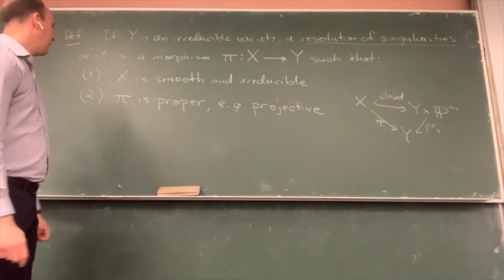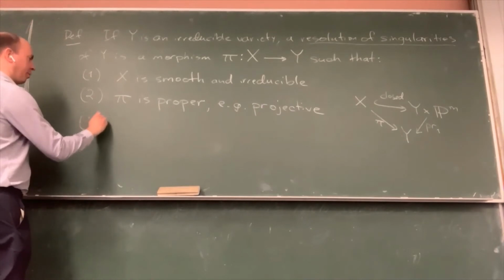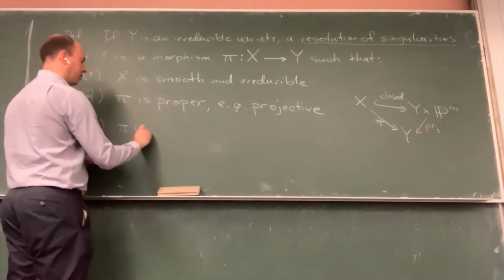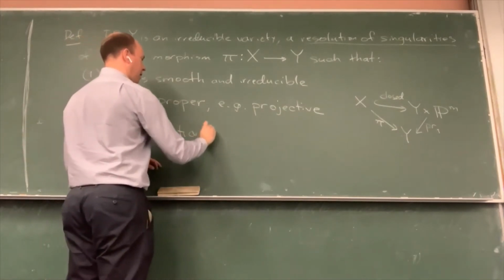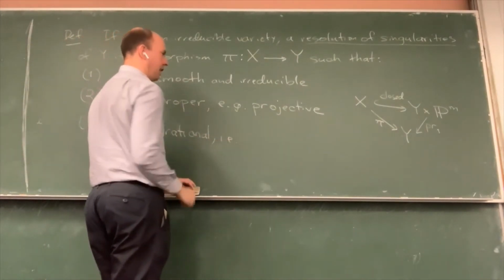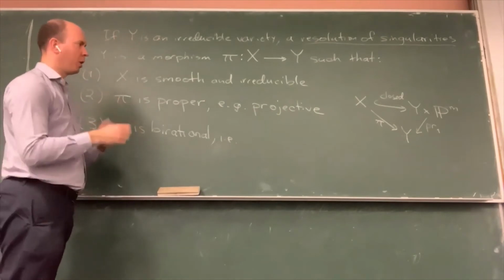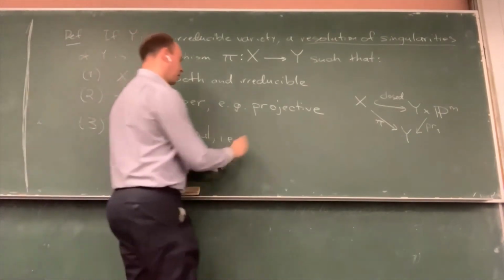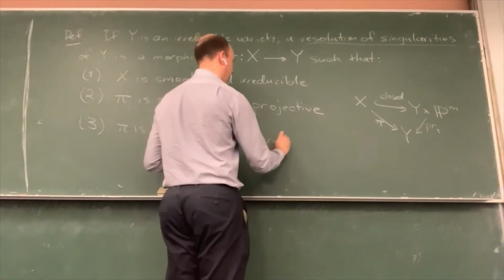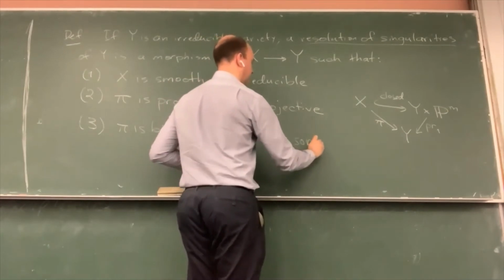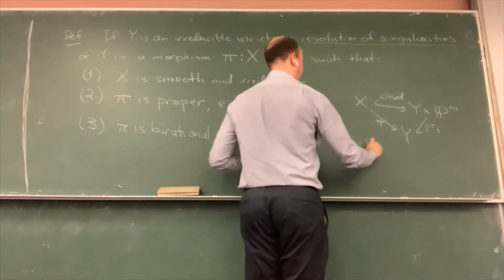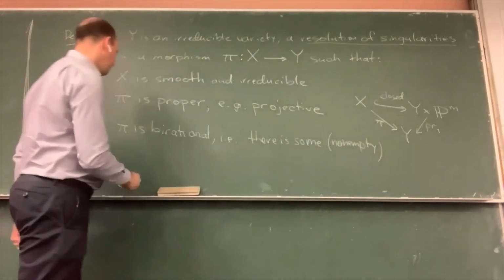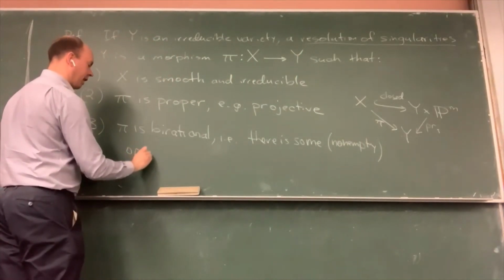And the third property that you need is that pi is birational, which means that it's an isomorphism on some open subsets of varieties. So there is some non-empty, of course, and I mean open in the Zariski sense.